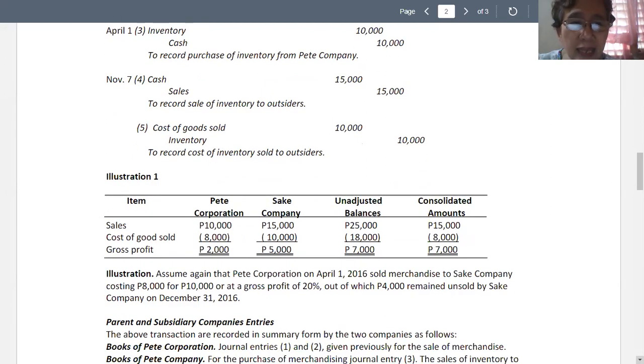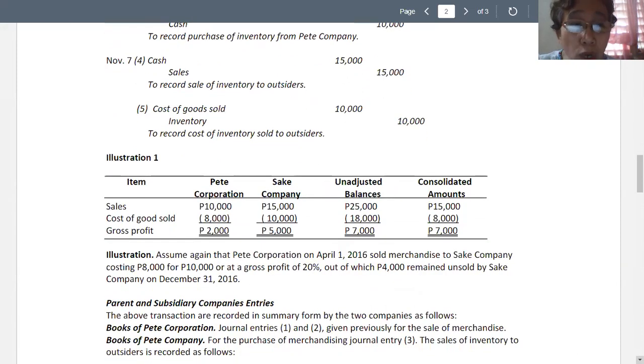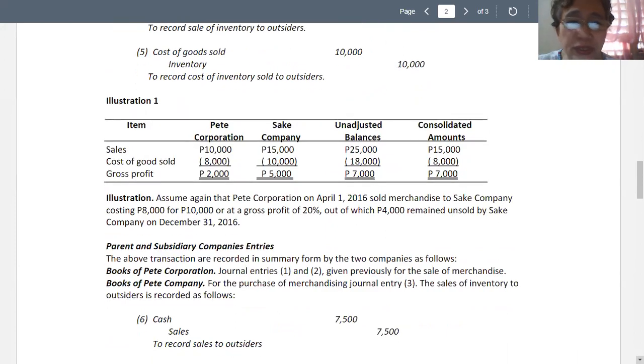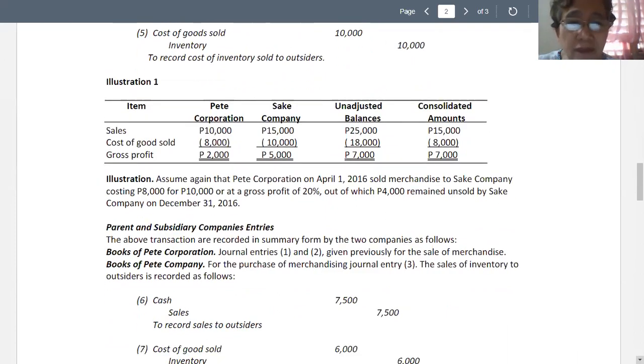So in that case, the above transactions are recorded in summary form by the two companies as follows. So you now have in the books of Pitt the journal entries 1 and 2 given previously for the sale of merchandise. In the books of Pitt, for the purchase of merchandising journal entry, the sales of inventory to outsiders is recorded as follows.